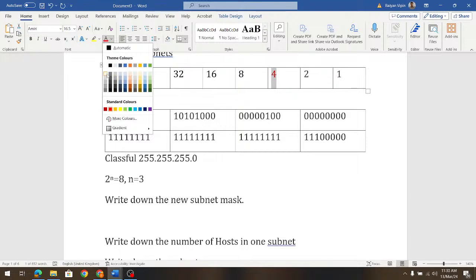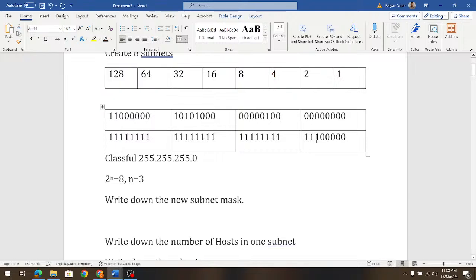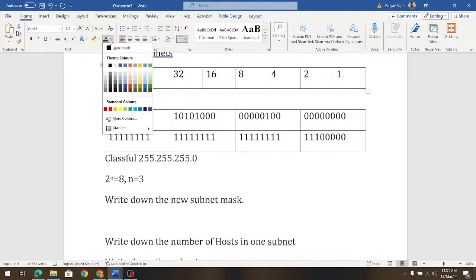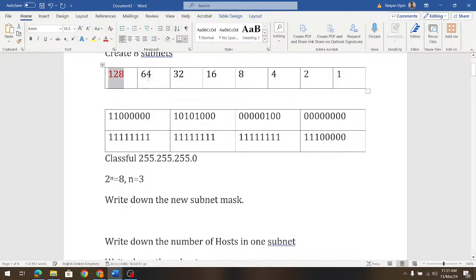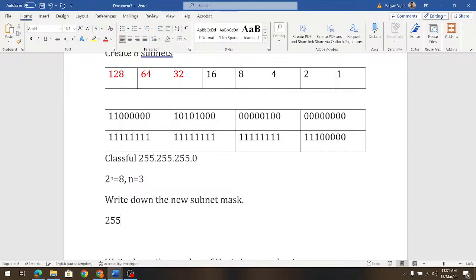Corresponding to this, the numbers are 128, 64 and 32, so it will be 192 plus 32, which is 224. Okay.